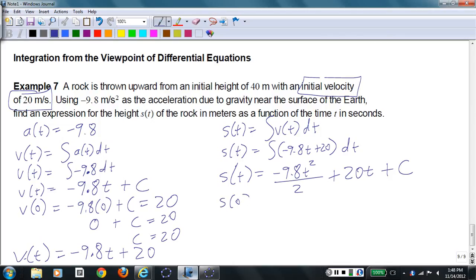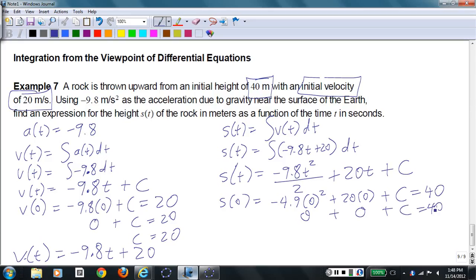S of 0 equals negative 4.9 times 0 squared plus 20 times 0 plus c, and we're given that what? The initial height, the initial position would be a positive 40 meters. So 0 plus C equals 40 meters.